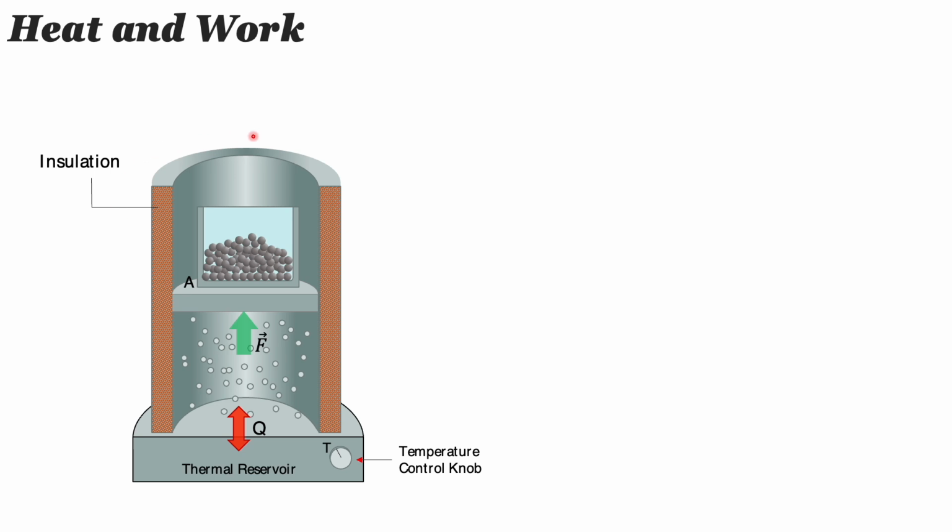Let us consider this special type of container, which is a cylinder filled with a gas and a movable piston. Its walls are insulated and its piston is also insulated, which means that no heat can flow into or out of this cylinder through these walls or the piston, but it is placed on top of a thermal reservoir.